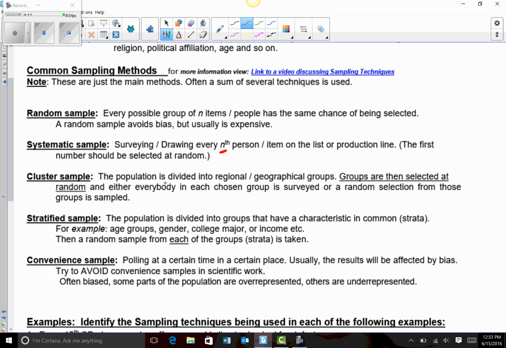Cluster sample is when a population is divided into regional or geographical areas. Then we select groups at random, and either everybody in the group is chosen or a random selection from each of those groups is sampled. The example that I'll give you here is, let's say we divide North Carolina into 3 regions, the coastal region, Piedmont, and mountainous region, and we survey small businesses and ask how they're faring in this particular economy.